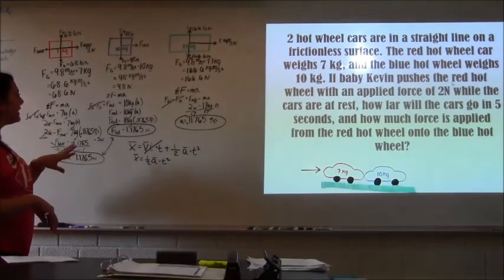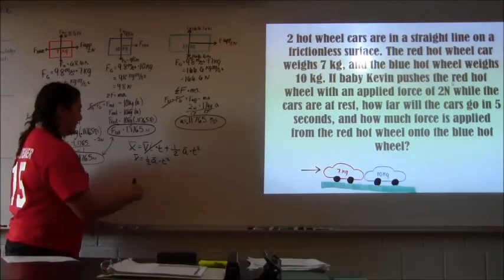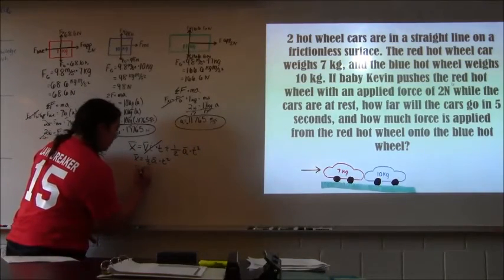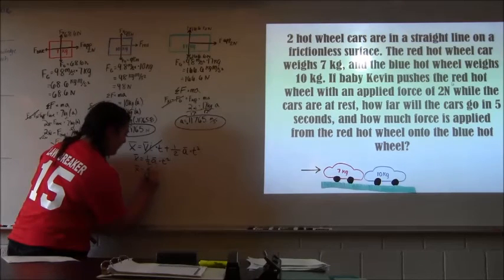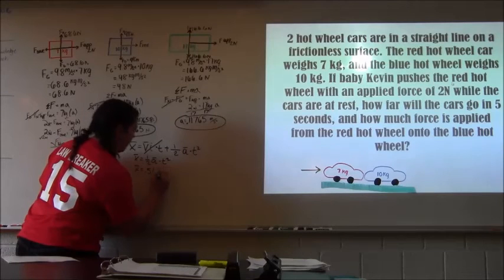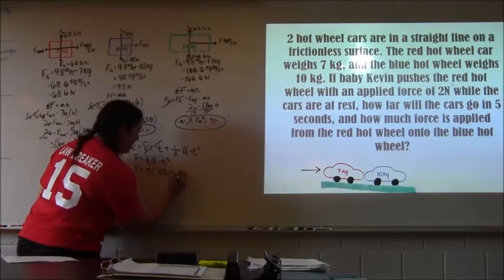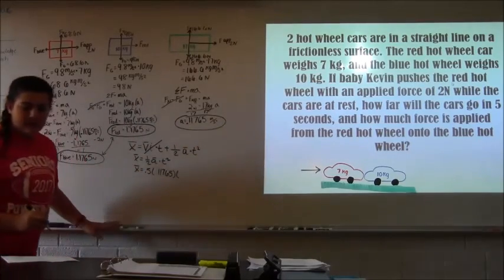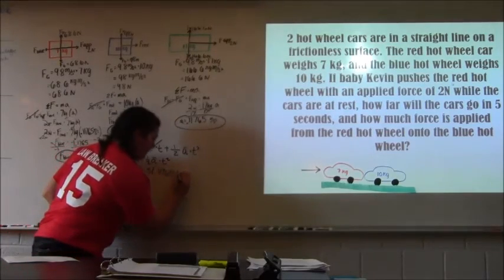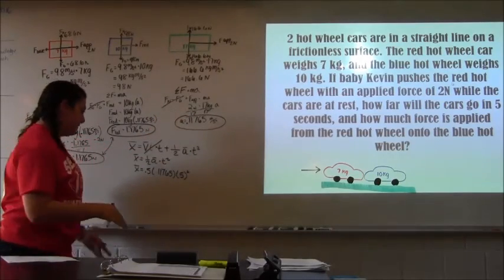So we know our acceleration of 0.11765 meters per second squared. So we can do 0.5, since 0.5 is the same as 1/2, times 0.11765, and then multiply that by 5 seconds squared, which is what the problem is asking us.